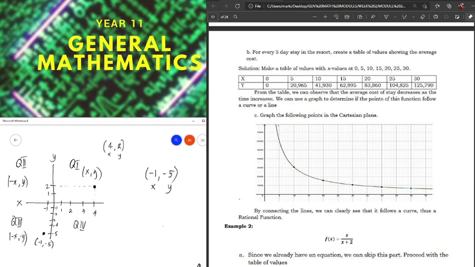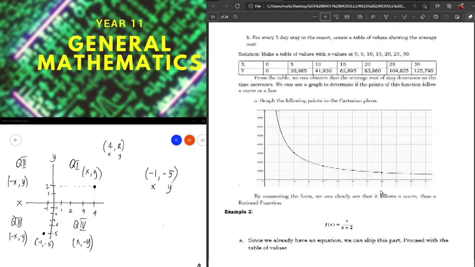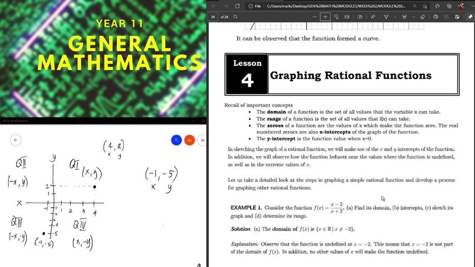And quadrant 4 has positive x and negative y. So this is just a short review in graphing coordinates. Let's proceed to lesson 4, which is the graphing of rational functions.